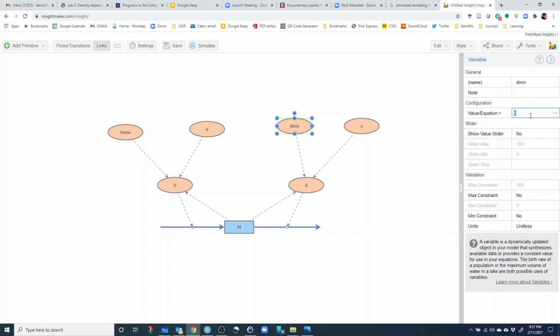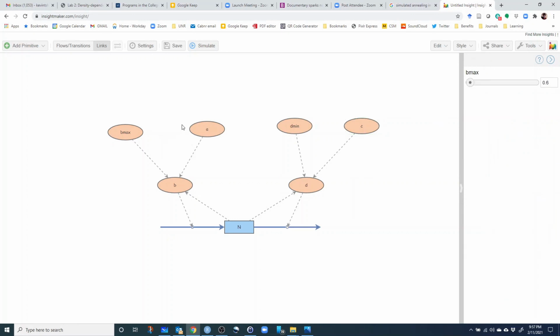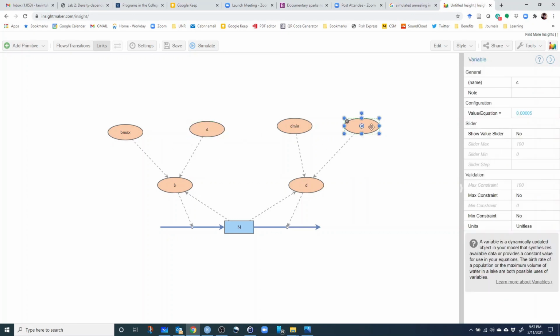Minimum death rate, I will say, is 0.1, and the death rate's going to go up by a rate of 0.00005. Let's see, how many zeros did I add here? 3 zeros and 4 zeros. Okay, we'll see how that works.